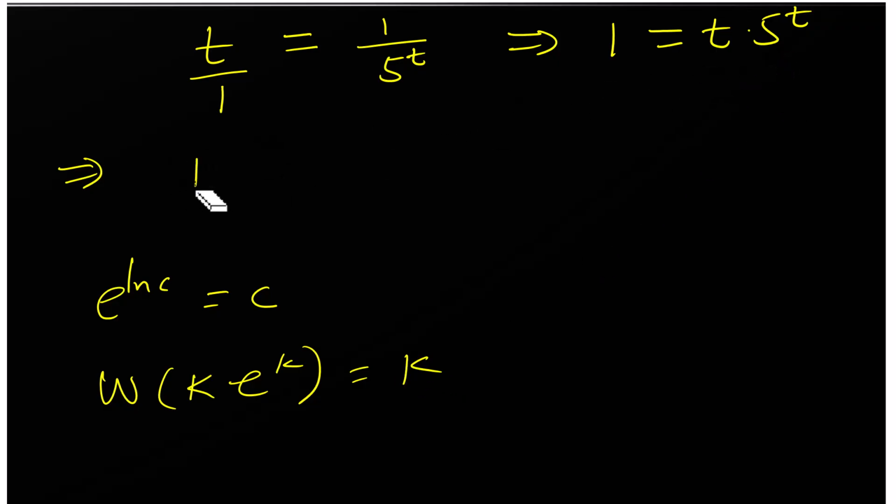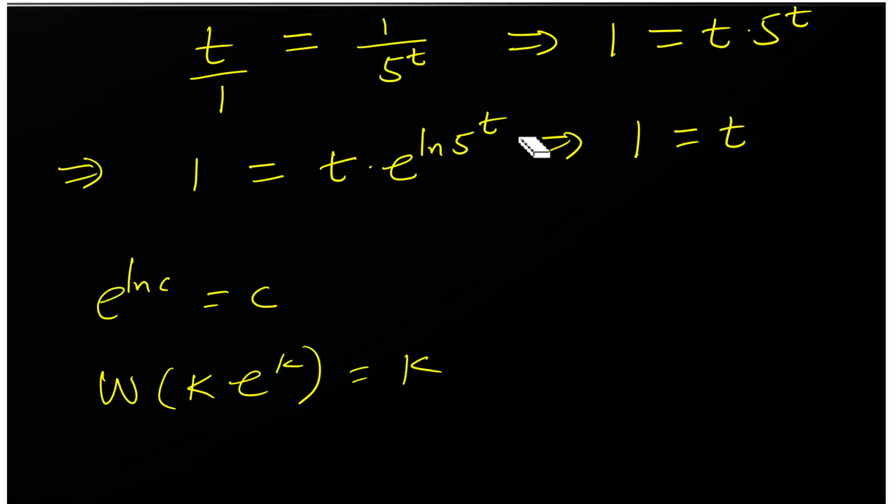So we have 1 equals t times e raised to ln of 5 to the power t. Okay, so that will be 1 equals t. So this side is a power rule. That will be e to the t ln of 5.